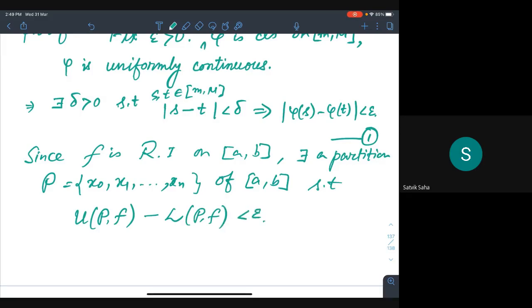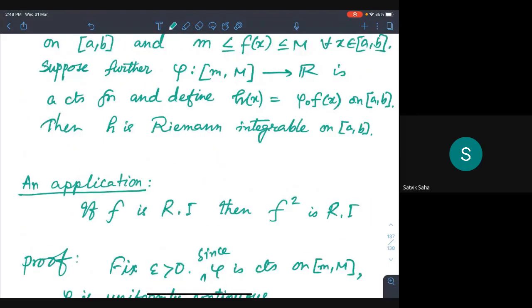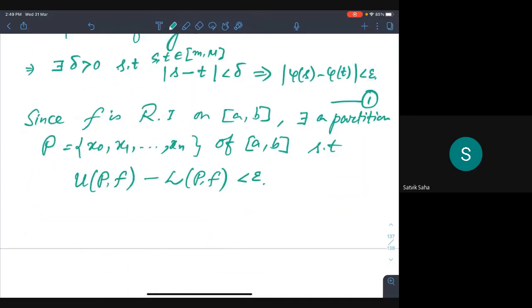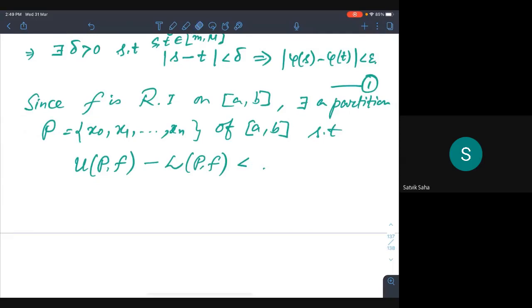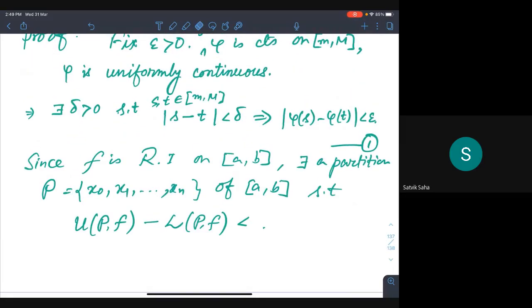Well, we need to look at the composition, so instead of epsilon we would consider delta squared. This is a small trick which will be used. Corresponding to delta squared, you have a partition such that this becomes less than delta squared.